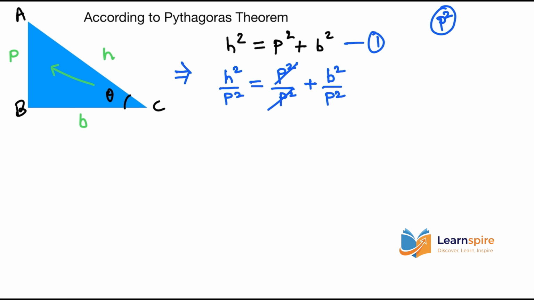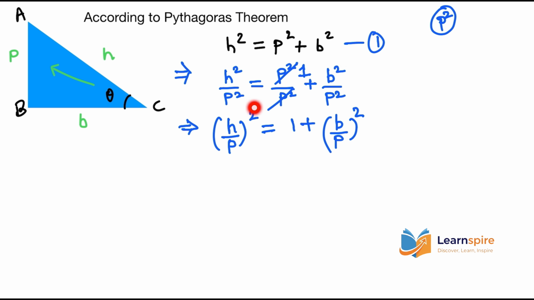Now this becomes equal to 1, and we have (h upon p) whole square equals 1 plus (b upon p) whole square.